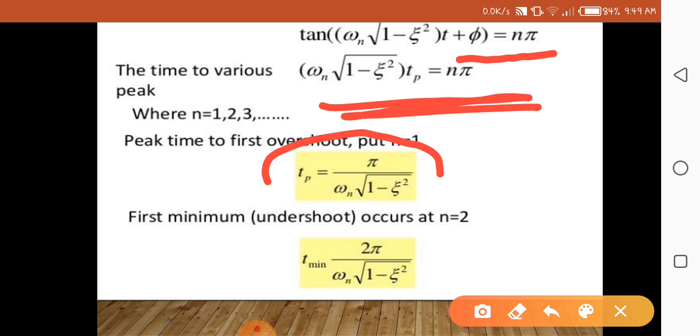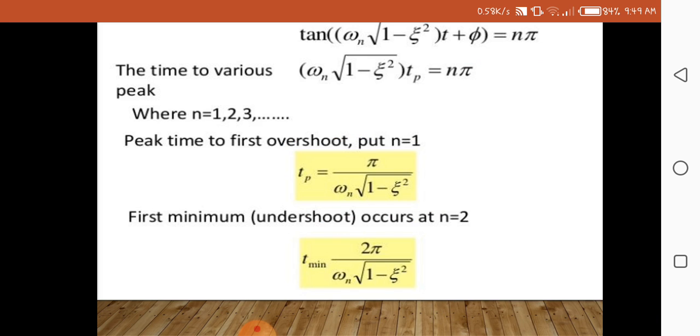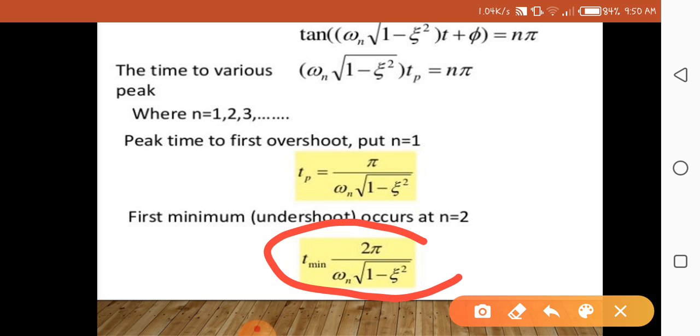So Tp is equal to pi by omega n root 1 minus zeta square. And the first minimum, that is the undershoot, occurs at n equals 2. So T minimum is equal to 2 pi by omega n root 1 minus zeta square.